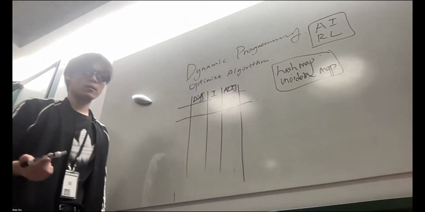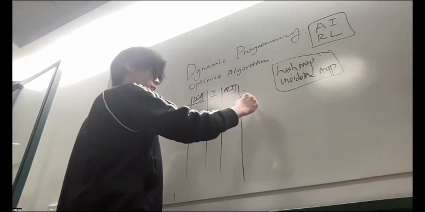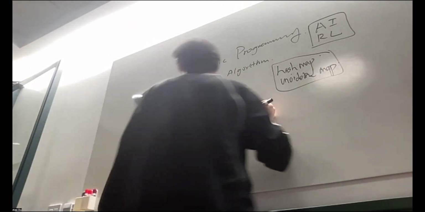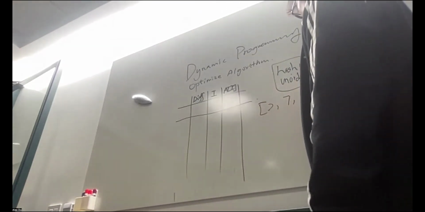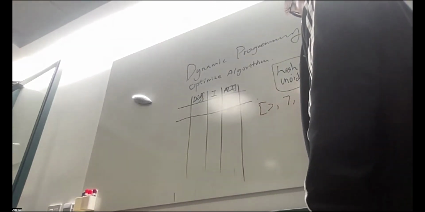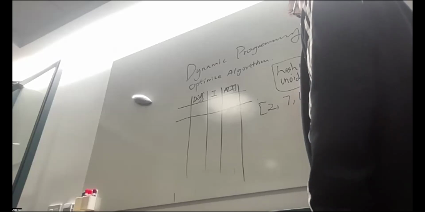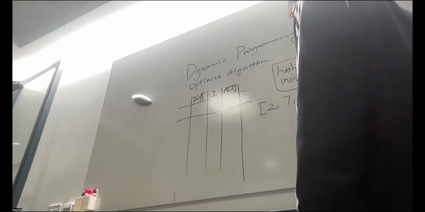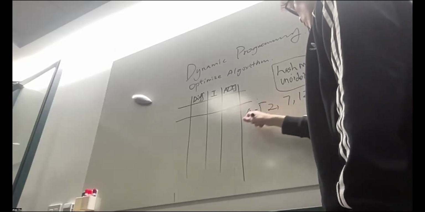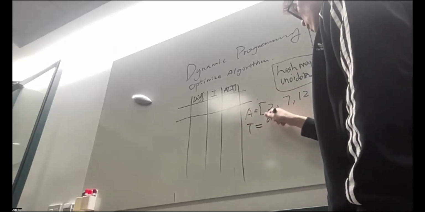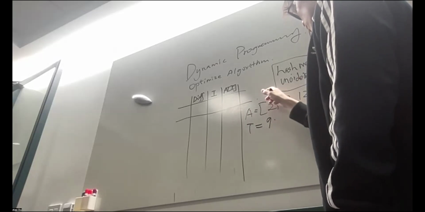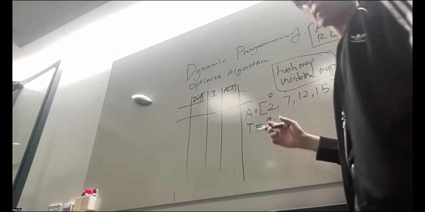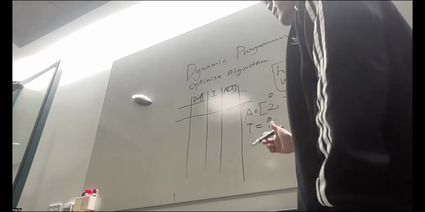And suppose we have the sample data, which is 2, 7, 12, and 15, right? And we want the target to be 9. Apparently the answer is 0 and 1. However, what if we want something different?